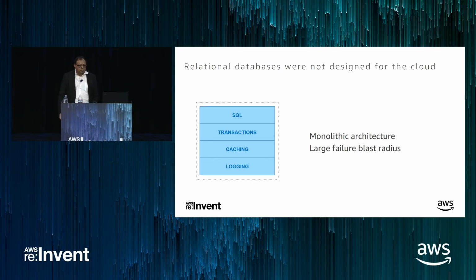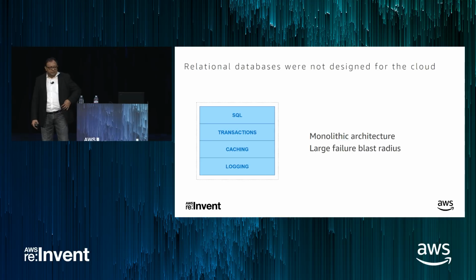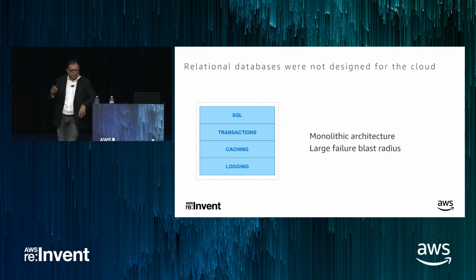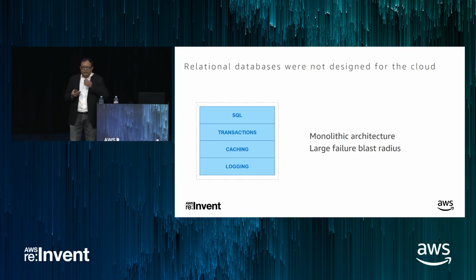So relational databases came about a long time ago in the mainframe era, and you basically end up with this big blue box that's SQL transactions, caching, logging, and no matter what, if you look at most systems today, they continue to do that. The difficulty that creates is that it has a large failure blast radius, right?